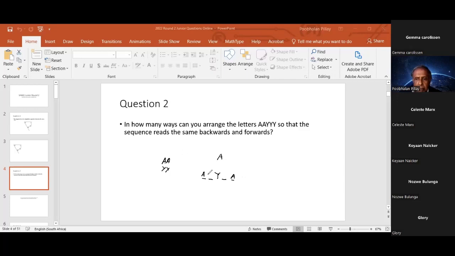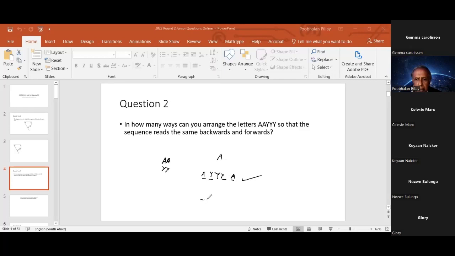So the 2 A's are placed, and then the 2 Y's go in here. So that is one of the ways where this reads the same as backwards and forwards. So if you put A at the beginning, there's only one answer.